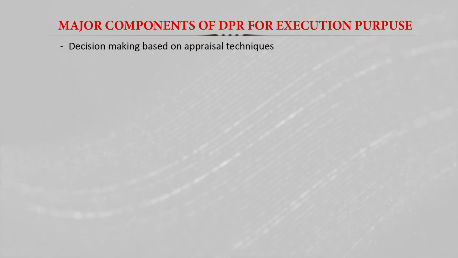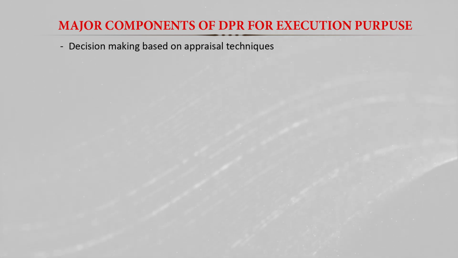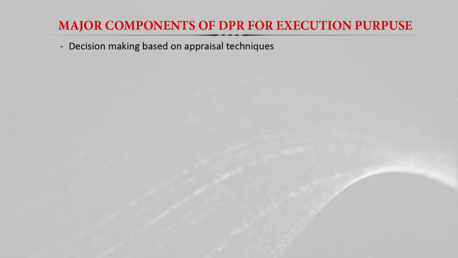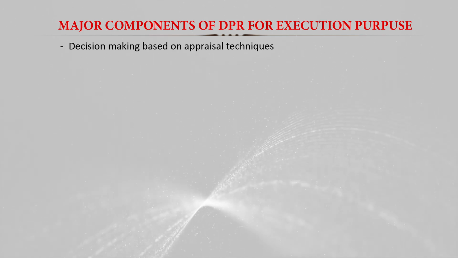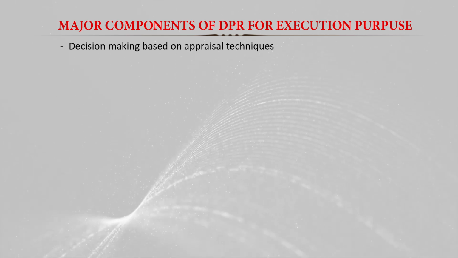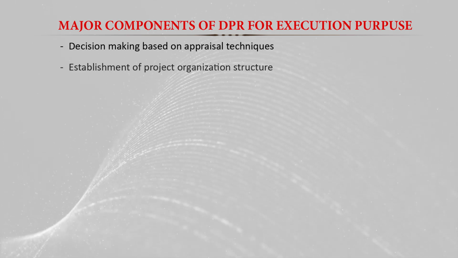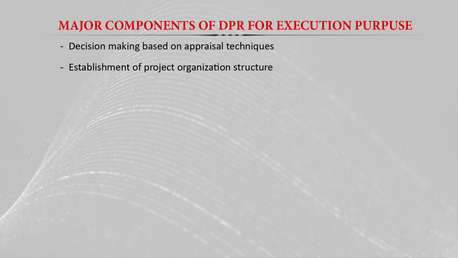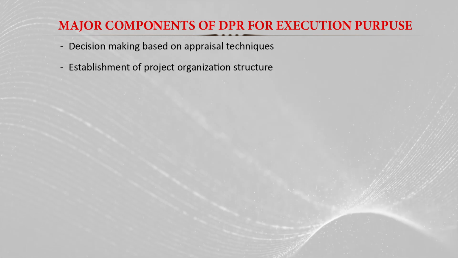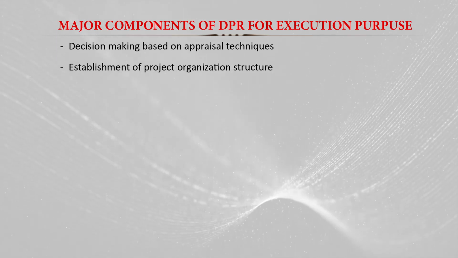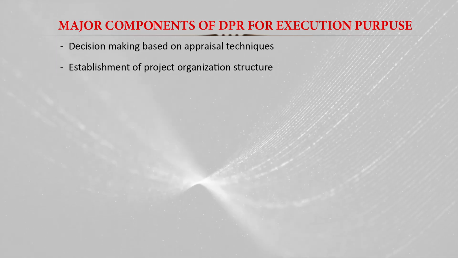After taking the decision based on the appraisal of the project, we start working on preparing the detailed project report, and here we have to fix the establishment of a project organization. We have to identify what the organization will be, how we will organize the project activities.